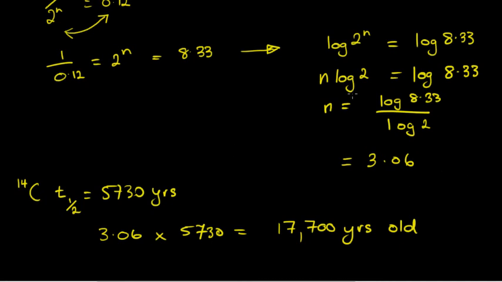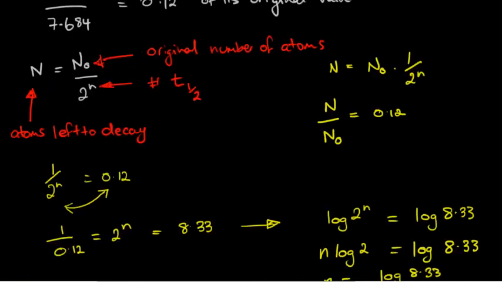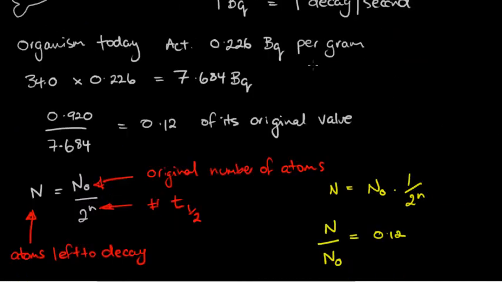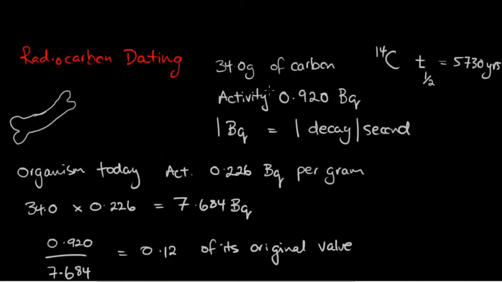Getting the activity of carbon-14 in a milligram sample takes a long time. You'd have to be measuring that activity for a long time, because this half-life of 5,730 years is quite long.